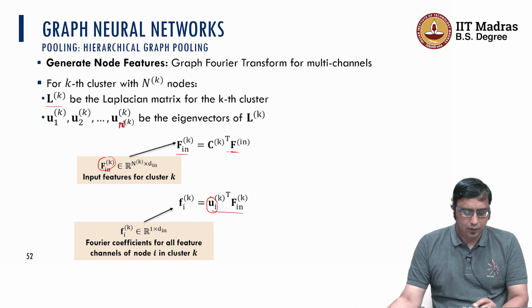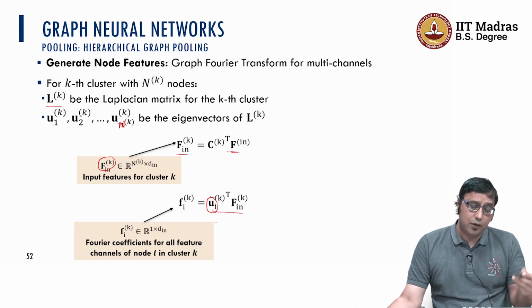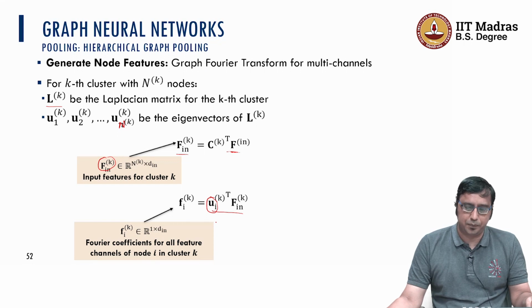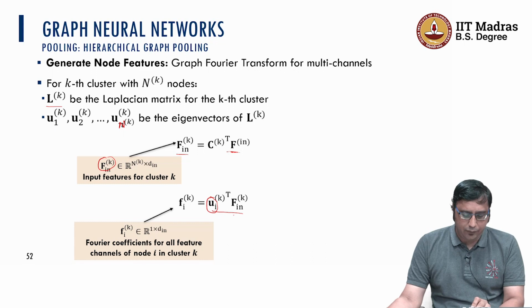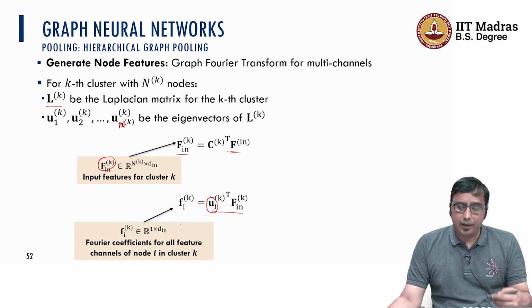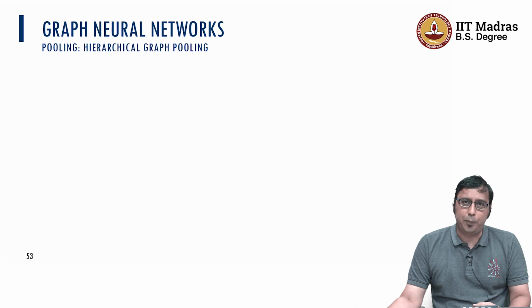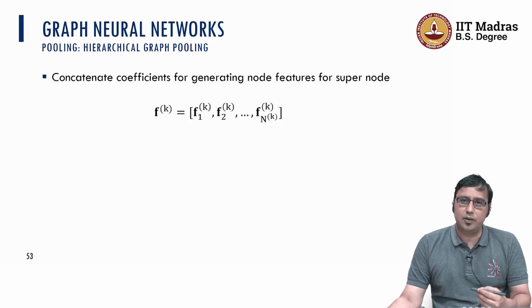Once we do that, we have our Fourier coefficients. We can also obtain modified Fourier coefficients, so we can do further filtering, but here we are ending at just obtaining Fourier coefficients. Once we have the Fourier coefficients for the ith node in cluster k, we can apply this for all the n_k nodes in the kth cluster and obtain the filtered coefficients for each node in the kth cluster.